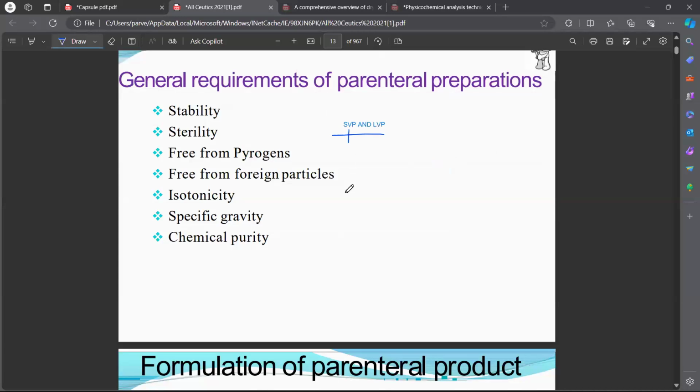The small volume preparations are the multi-dose preparations, less than 100, while the large volume parenterals are the single dose preparations.